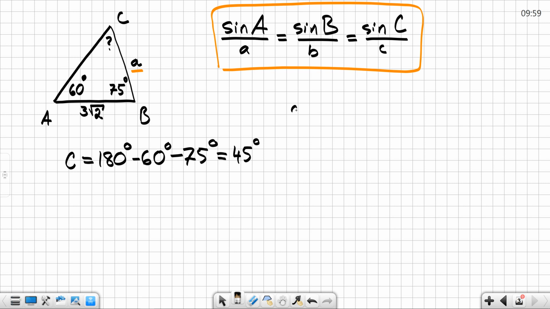In other words, the length of A divided by the sine of the opposite angle of A has to be equal to the length of C divided by the sine of the opposite angle of C. Now, because A is what I'm looking for, I'm just multiplying both sides by sine of A.